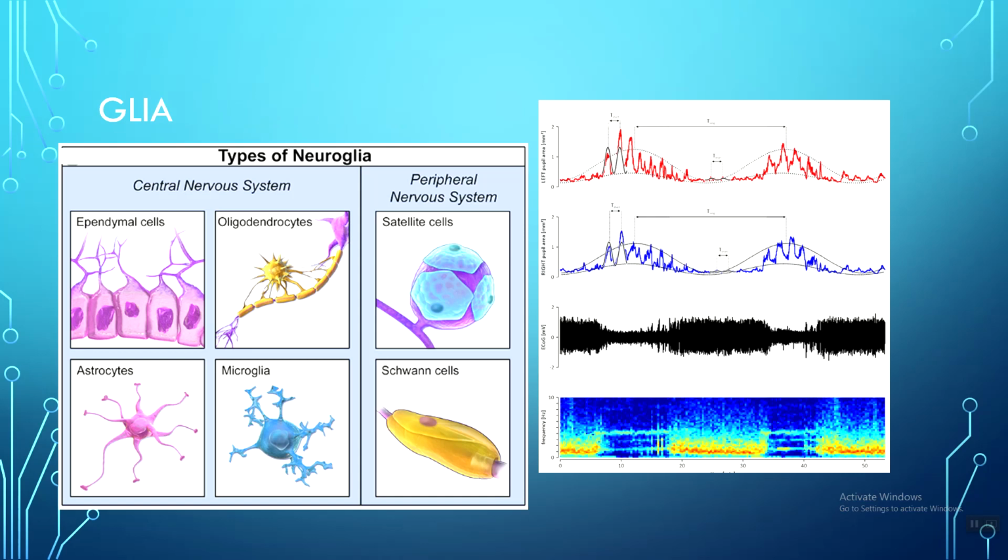And then microglia are kind of like little scavengers in the brain that run around and gobble up stuff that is unnecessary and transmit waste out of the brain. And then on the peripheral nervous system, Schwann cells and satellite cells are both part of the spinal cord and the peripheral nerves. Right? So we don't see them as much in the brain.